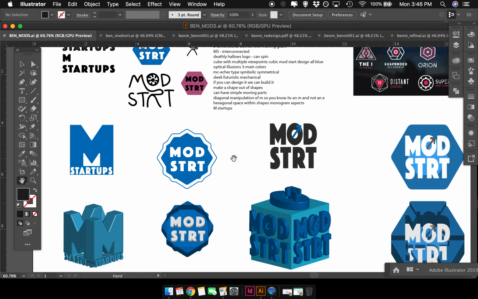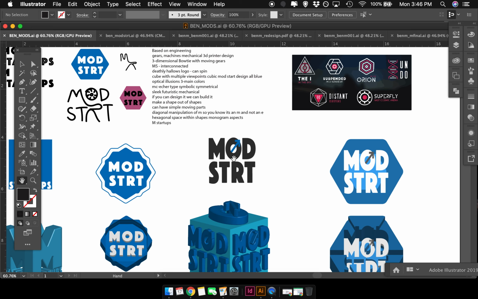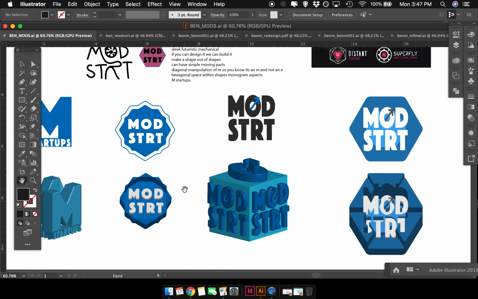Starting up is very entrepreneurial, and so I went with something such as an arrow to represent increasing sales, starting up, and going places, and the basic shape of a hexagon for gears, mechanical, and that's just how I went about starting a design.